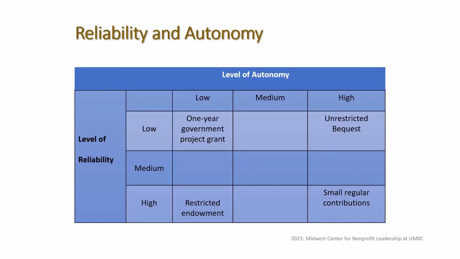So you can be asset rich and dollar poor. Endowments would be one of the ways you get there. Buildings would be the other. Finally, small regular contributions. I already mentioned this.